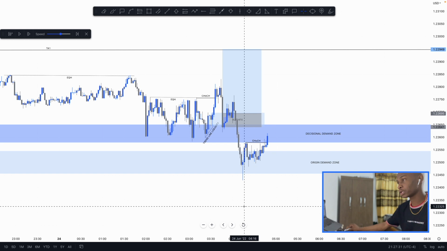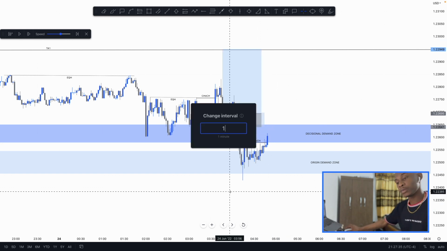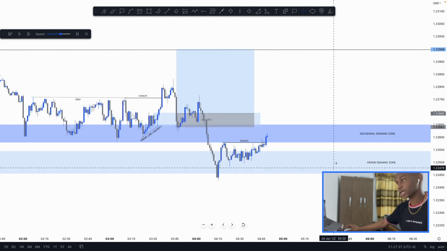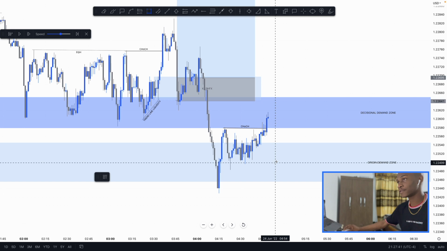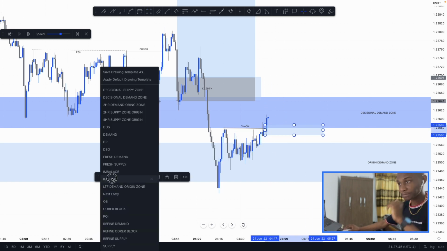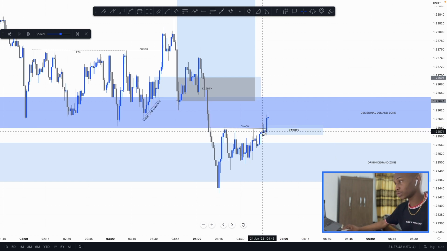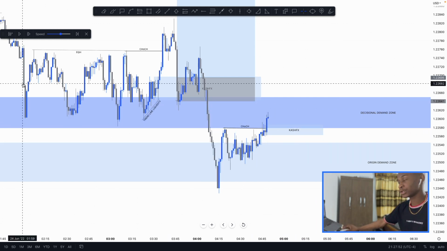Good. We were here, and then got that change of character back to the upside. We moved to our 1-minute time frame, and we identified our POI. Our POI zone, it was this demand zone that caused this break to the upside.